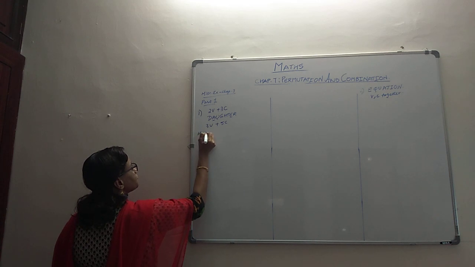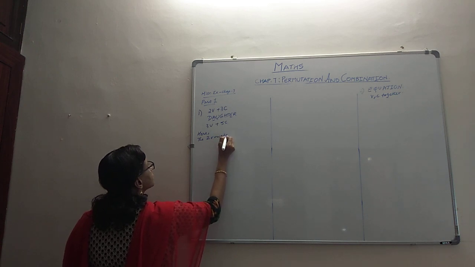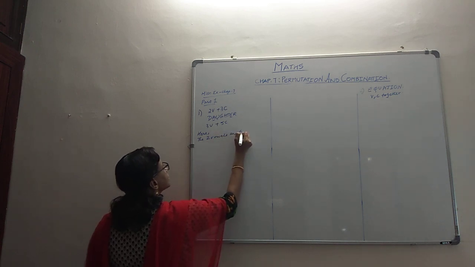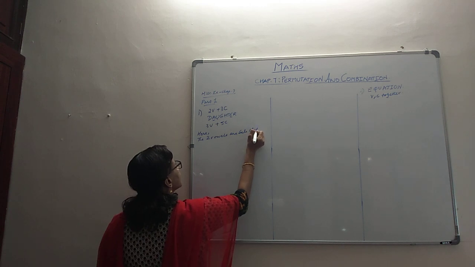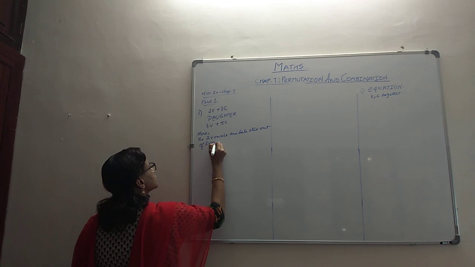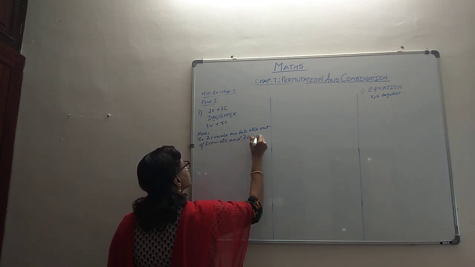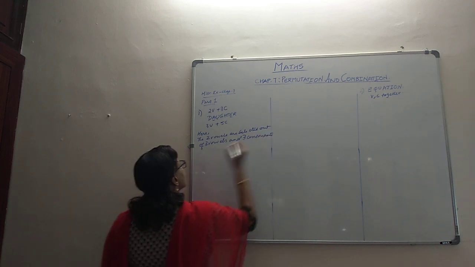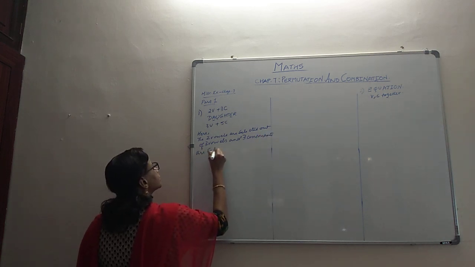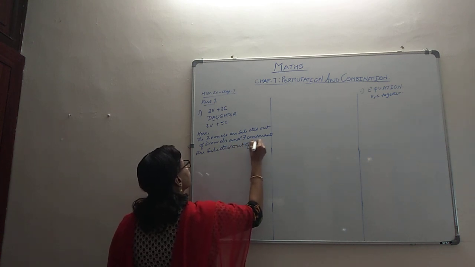So here the 2 vowels are selected out of 3 vowels, and 3 consonants are selected out of 5.